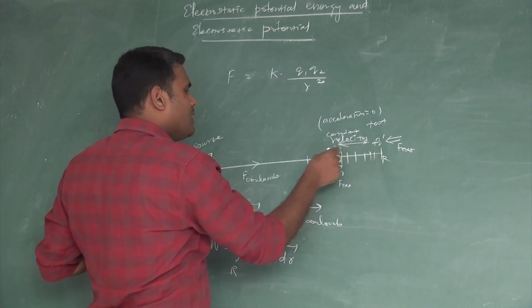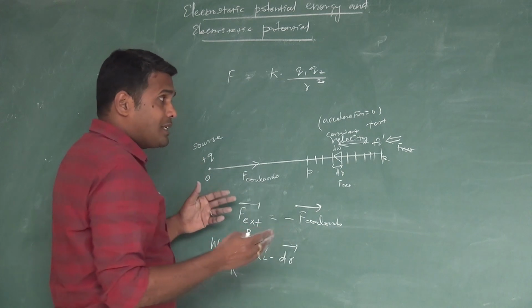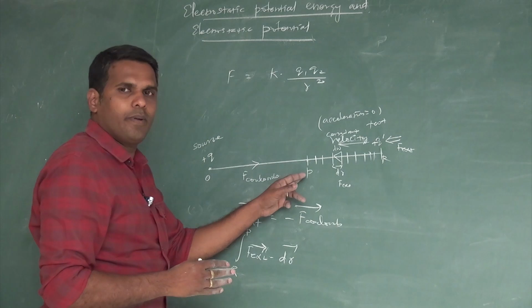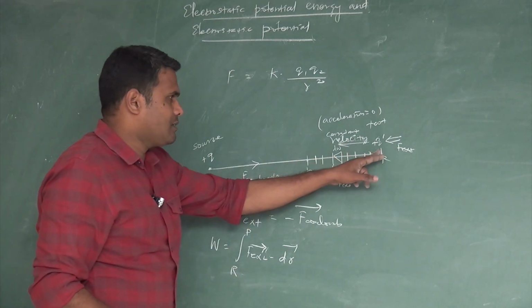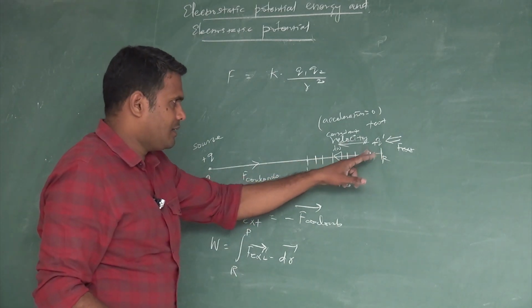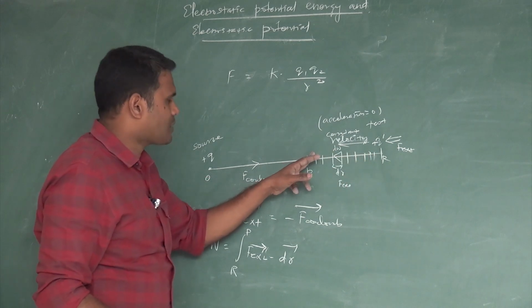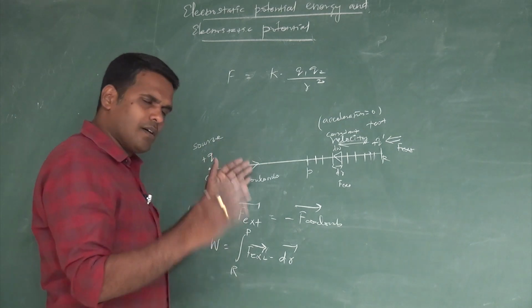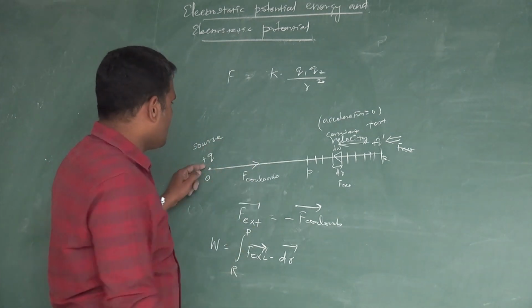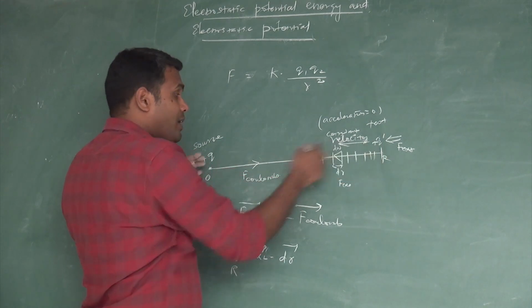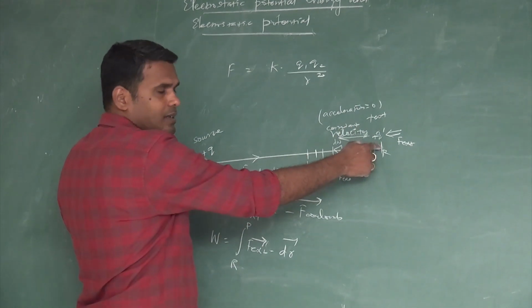It will be dW, dW, dW. Shall we say the work done is the same at all points between R and P? No. Work done here is less. It increases further and further, and work done will be maximum at this point. As you move beyond P, work done will be more, because this Coulombic force will produce a lesser repulsive force at this point, because distance increases, force decreases.